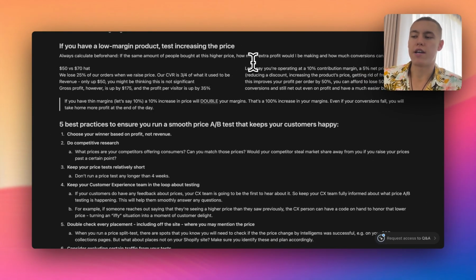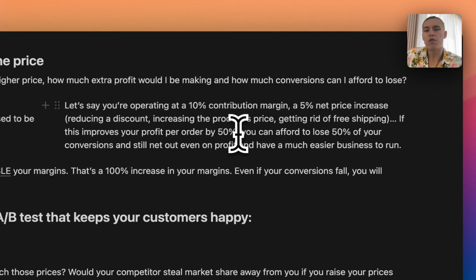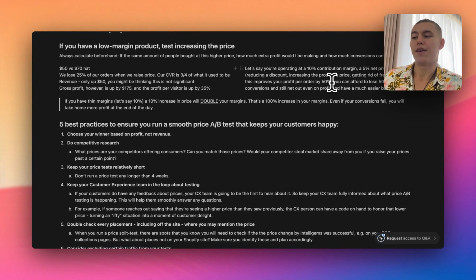If you are operating at a 10% contribution margin, a 5% net increase in price, which could be by reducing a discount, increasing a product's price, getting rid of free shipping, something along these lines. If this improves your profit per order by 50%, you can afford to lose half of your conversions.